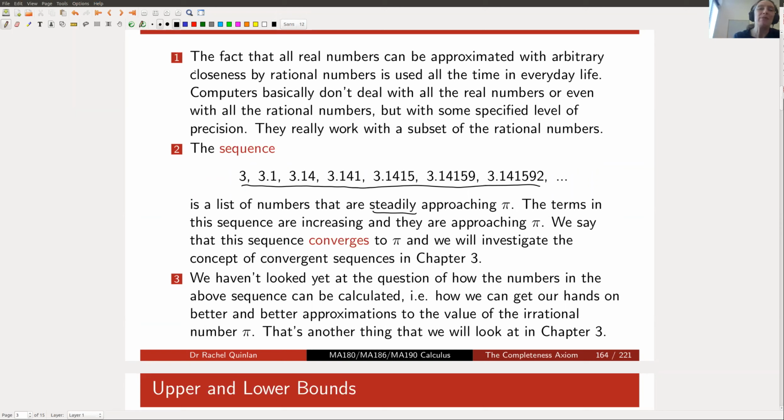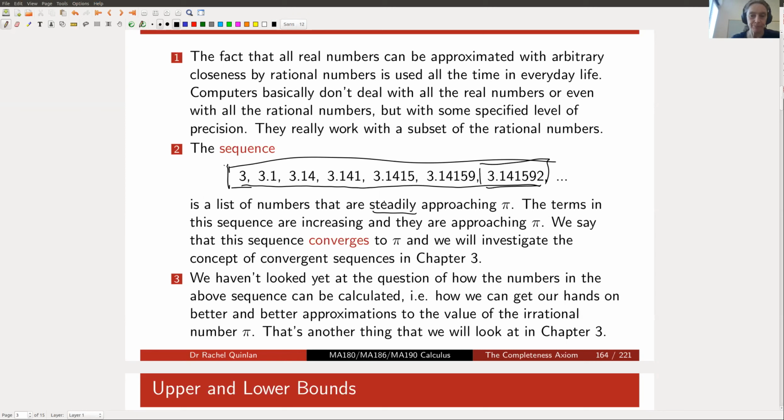I suppose if you believe that pi has a decimal representation, then this idea that you can truncate it at successive points to get a sequence of rational numbers that approaches pi is plausible. Whether you should believe that this is actually the first 7 or 8 digits of the decimal representation of pi is something that you can take my word for if you want to, but we will see some ways of actually computing those digits in chapter 3.